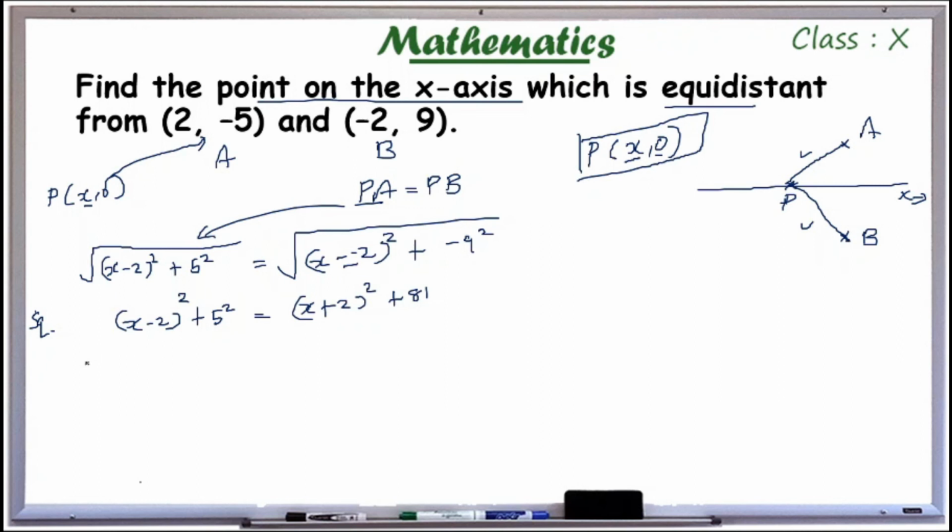Expanding x minus 2 whole square, I get x square minus 4x plus 4, plus 25 is equal to x square plus 4x plus 4 plus 81. So x square will cancel.